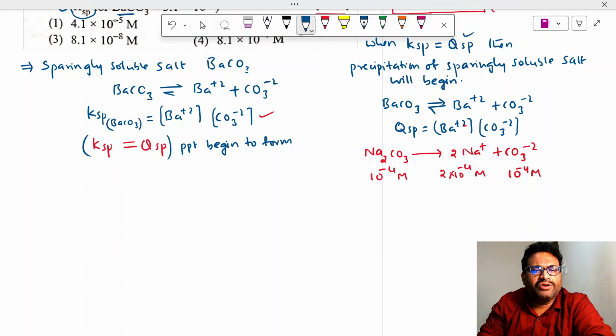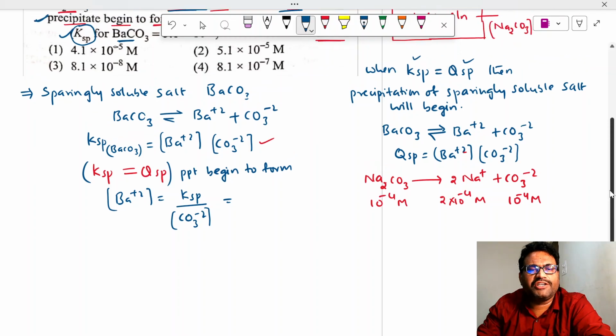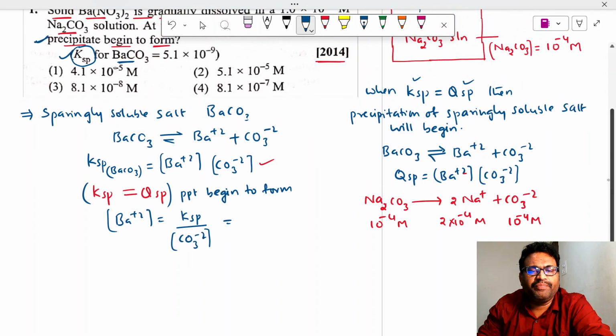Now I can write Ba plus 2 concentration is equal to KSP by CO3 minus 2 concentration. KSP is given as 5.1 into 10 power minus 9, divided by the carbonate concentration, which is 10 power minus 4.